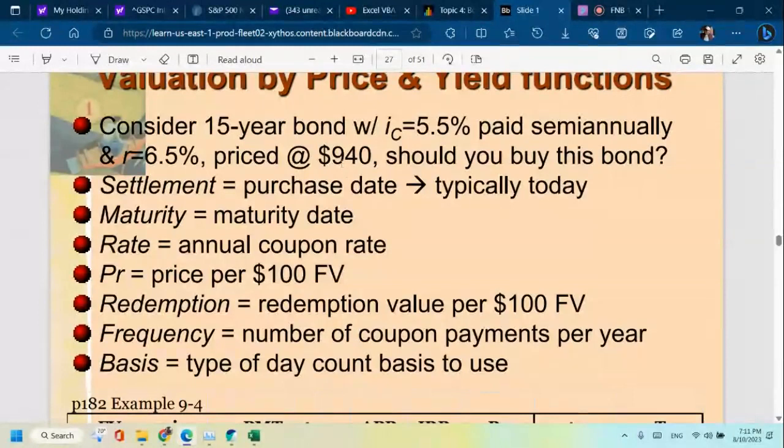Because once the discount rate is given, we can calculate and tell whether this is overvalued or undervalued. If it is overvalued or undervalued, it's all mispriced, right? Mispricing.